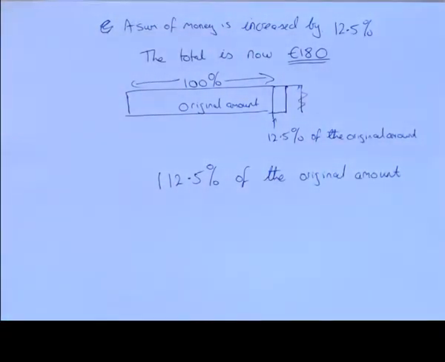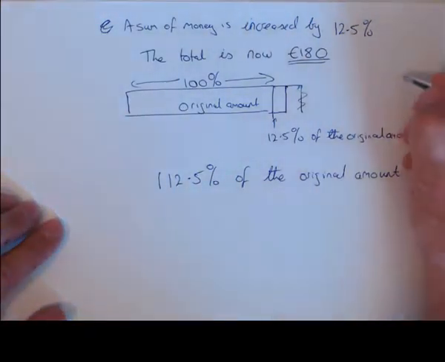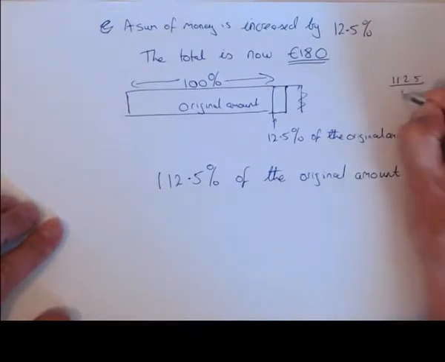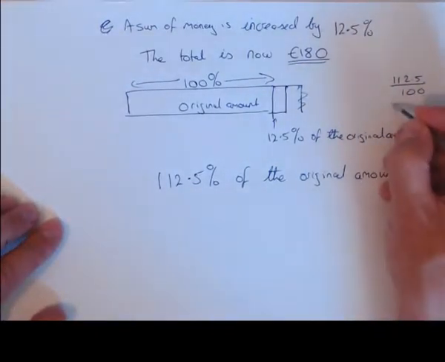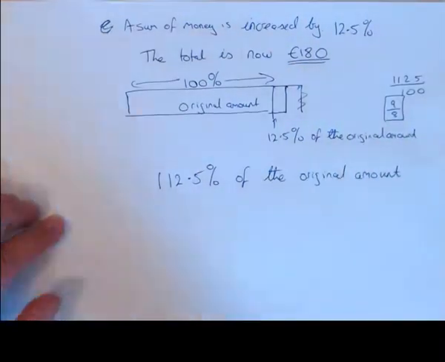Okay, so that's how these questions work. You're increasing or decreasing something by a percentage, and we're going to end up with a certain percentage of the original amount. This is a fraction. The fraction is 112.5 over 100, or 9/8 if you prefer that sort of thing.